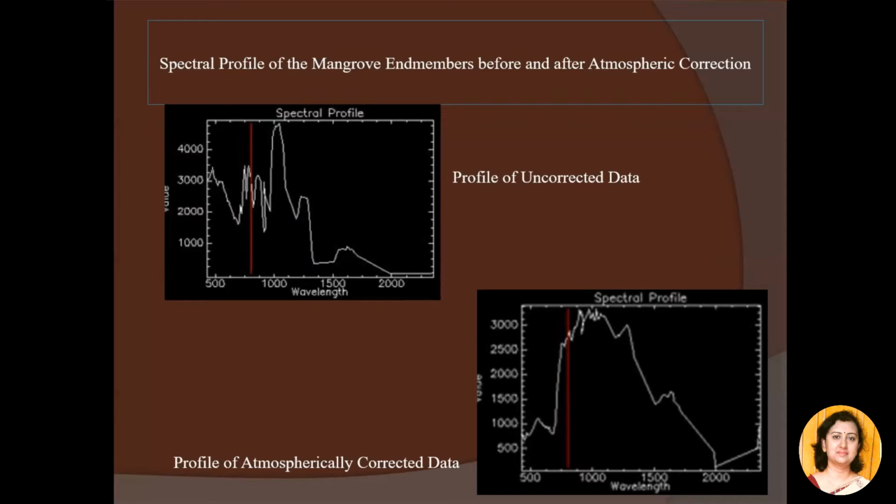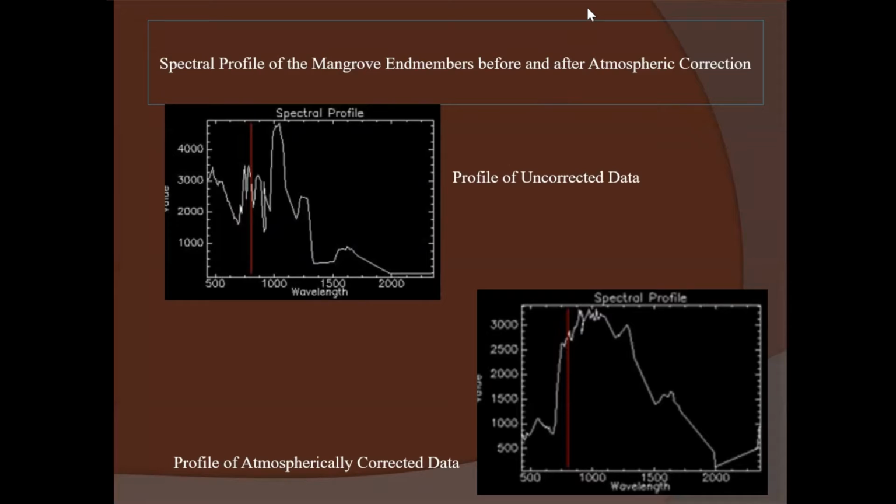We plot the spectral signatures of the different target objects or end members present in the study area and try to see whether the signatures extracted from the corrected data represent the true signatures of the objects that they represent or not.